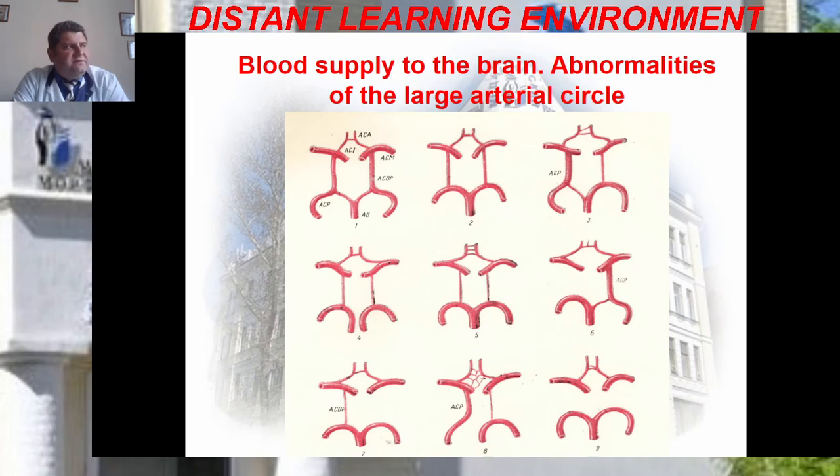And in detail we talked about anastomosis connections between the arteries of these two systems, internal carotid arteries and vertebral arteries.